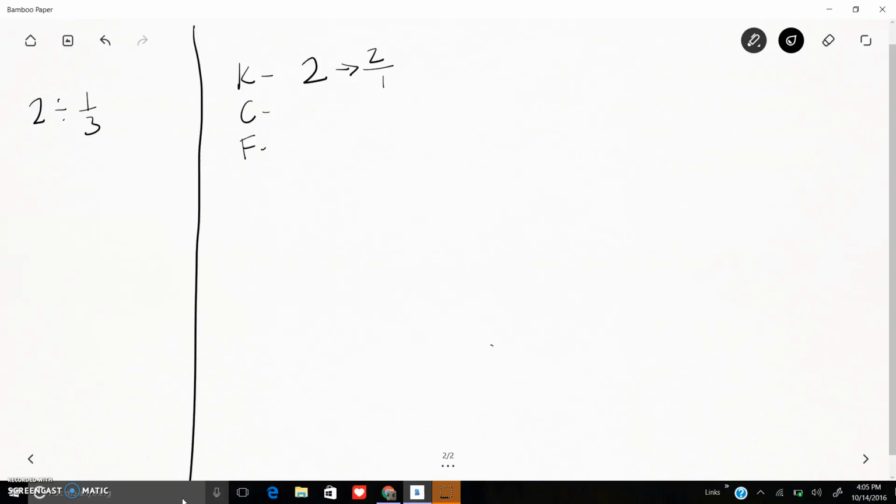I'm going to change my division sign, so it's 2 over 1 times, and I'm going to flip the second number. So 2 over 1 times 1 over 3 will flip itself to 3 over 1. And then I just solve like usual. So 2 times 3 is 6. 1 times 1 is 1. So 2 divided by 1/3 is 6.